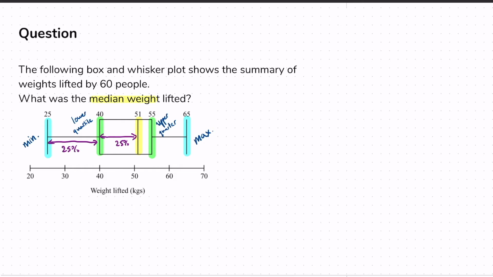Right? Where's the middle value? So what was the median weight lifted? The median weight is that middle line, which is equal to 51 kilograms.